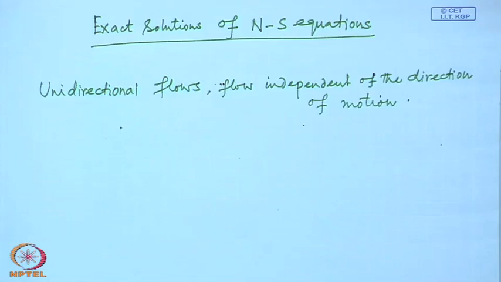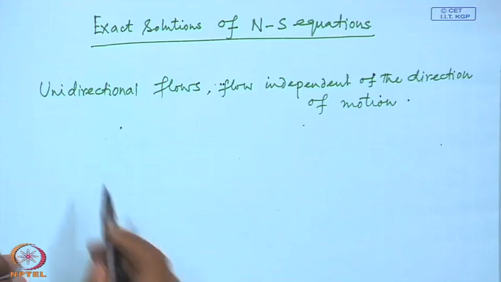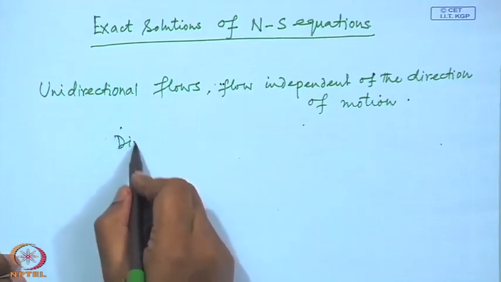So, unidirectional flow, that means of course, and that is the direction we are taking as x. The direction of flow itself we are calling x.